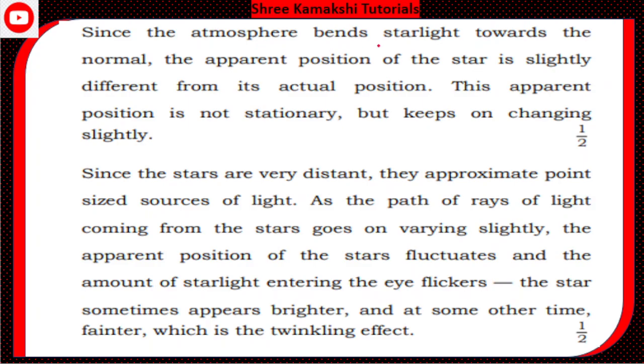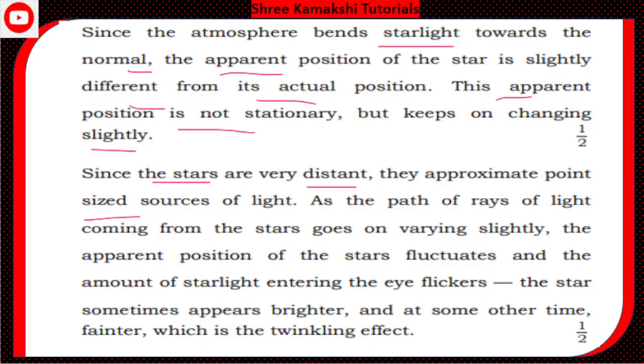Since the atmosphere bends starlight towards the normal, the apparent position of the stars is slightly different from their actual position. This apparent position is not stationary but keeps changing slightly. Since the stars are very distant, they approximate point-sized sources of light.